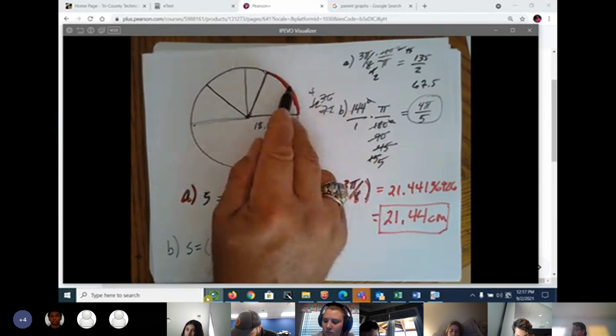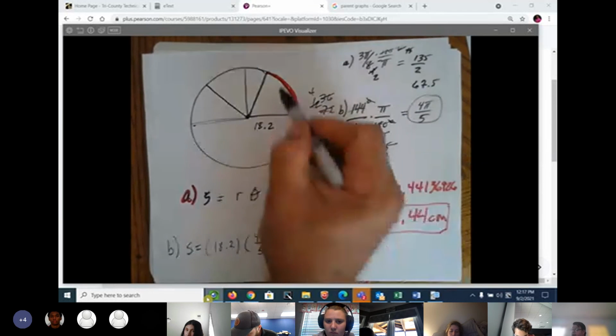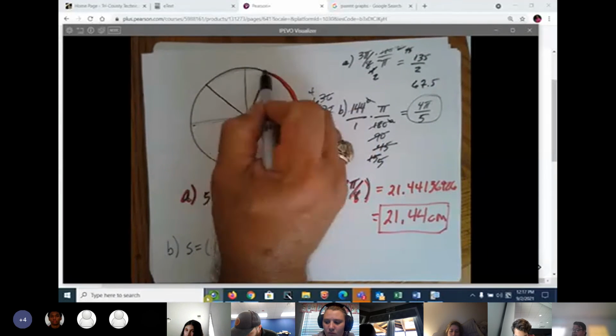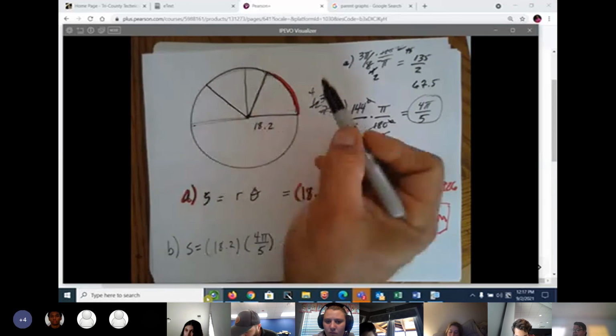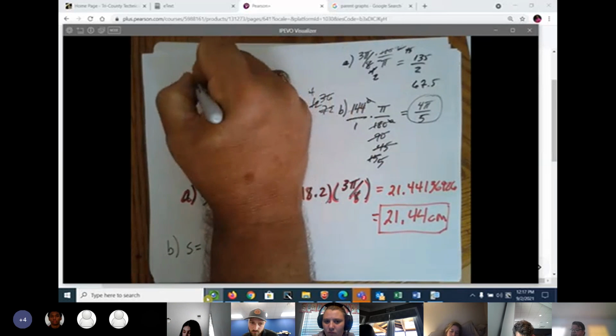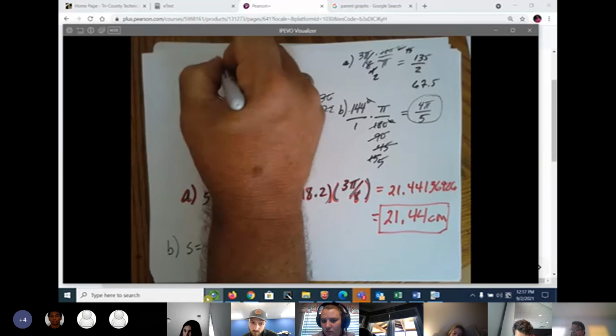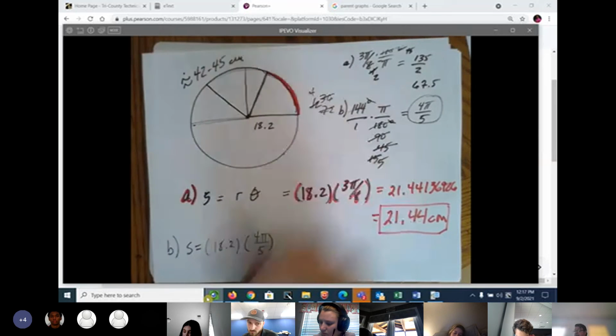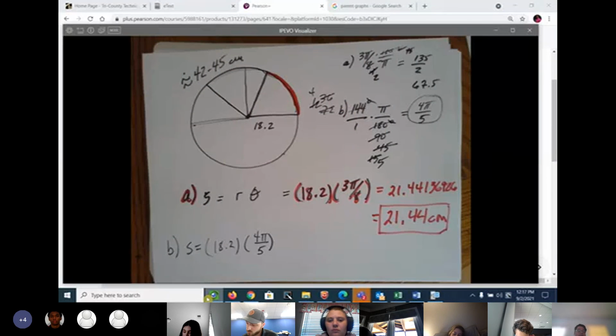This is 21, and this looks like the same as that. So I'm going to say it's going to be, just by using common sense, 42 to 45 centimeters. I could be wrong, but let's see what happens.